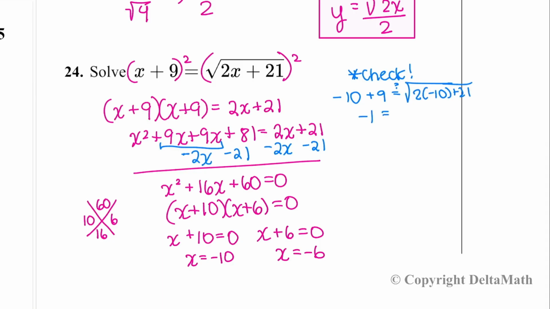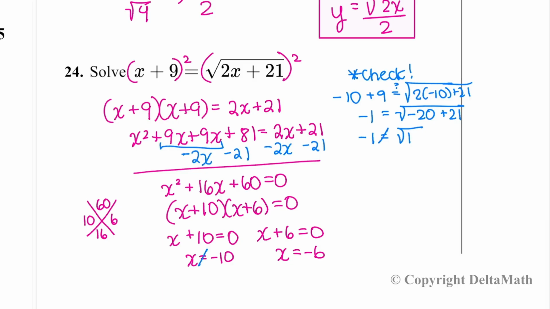So we have negative 1. Does that equal the square root of negative 20 plus 21? Does negative 1 equal the square root of 1? The answer is no. So x cannot equal negative 10.